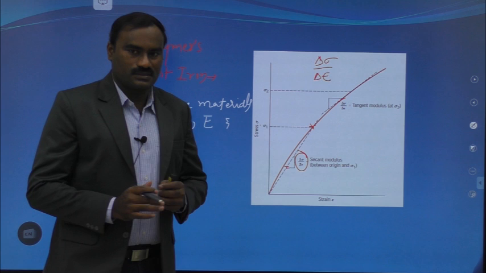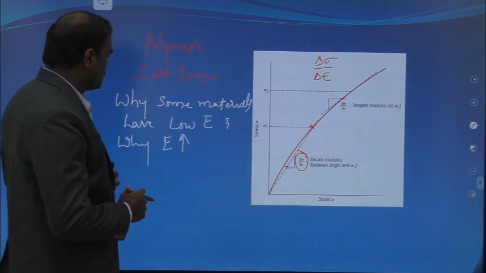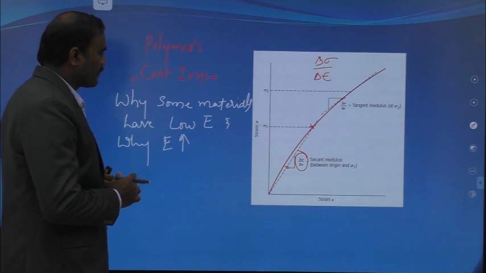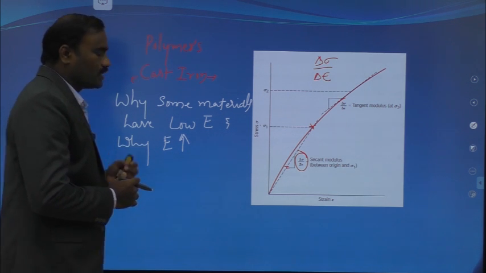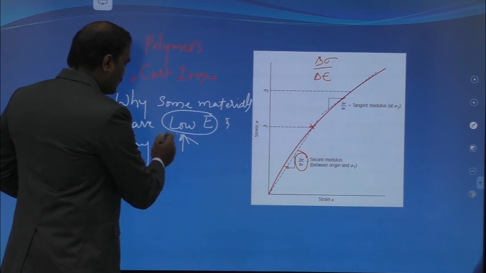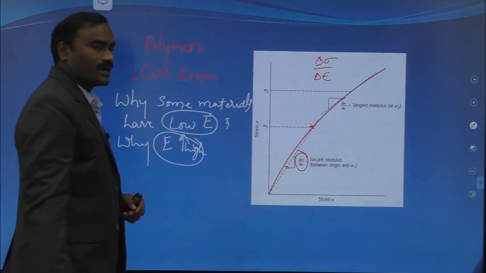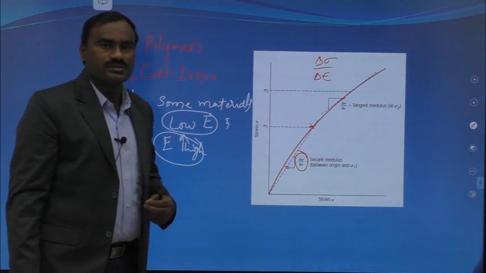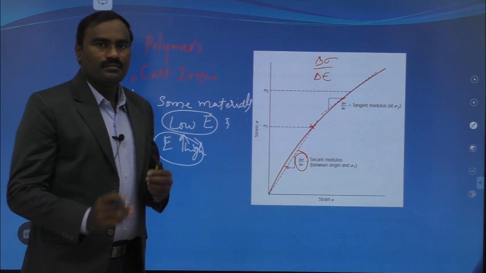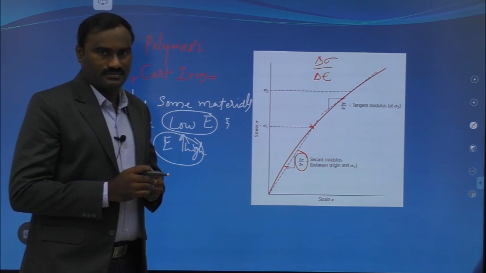The reason behind the low values of E and high values of E for other materials is due to the bonding between the atoms of the solid.